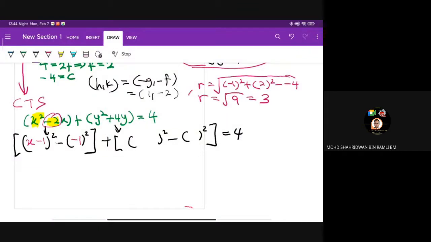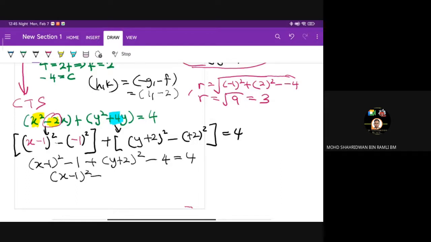Next, y, whose coefficient is plus 4, so plus 4 divided by 2 is plus 2. Then it will be (x minus 1) squared minus negative 1 squared, which is minus 1, plus (y plus 2) squared minus 2 squared, which is minus 4, equal to 4. So (x minus 1) squared plus (y plus 2) squared equals 4 plus 1 plus 4, which is 9.